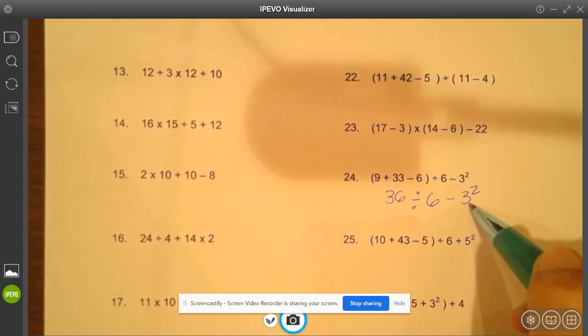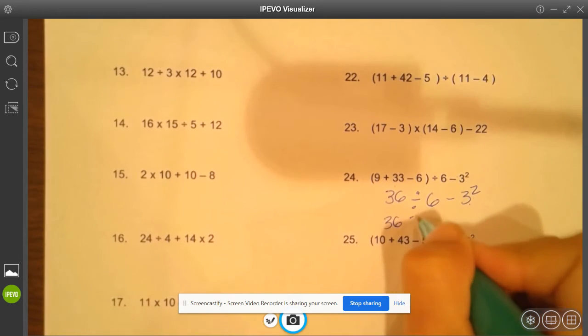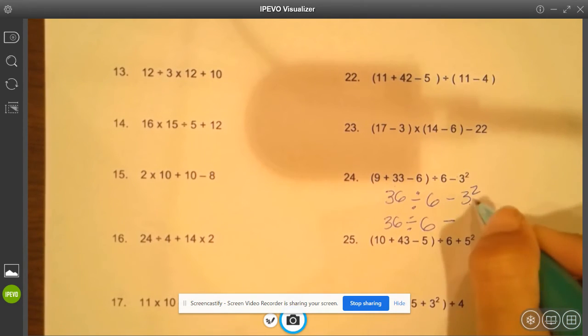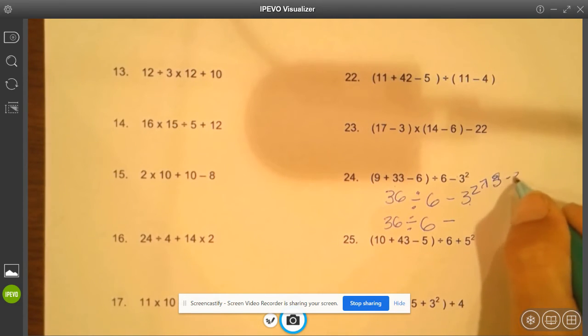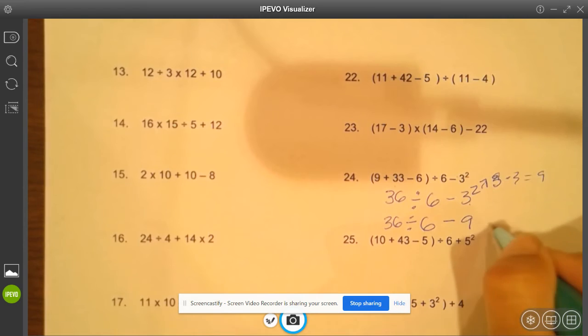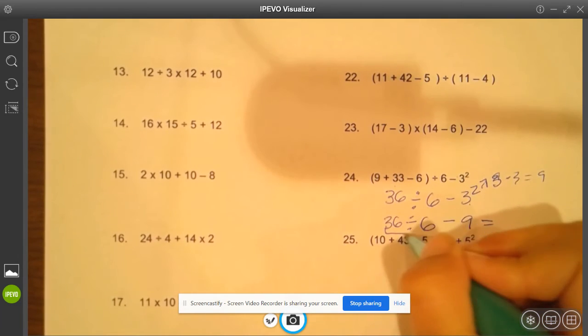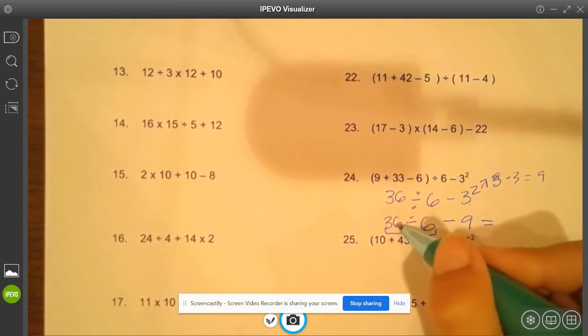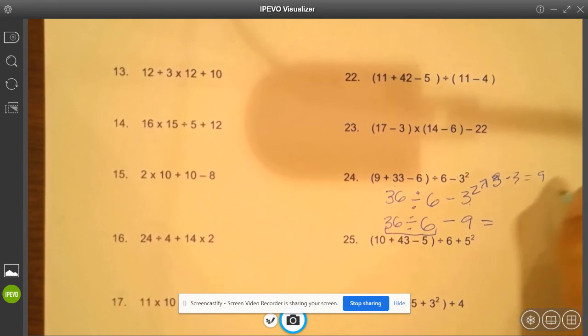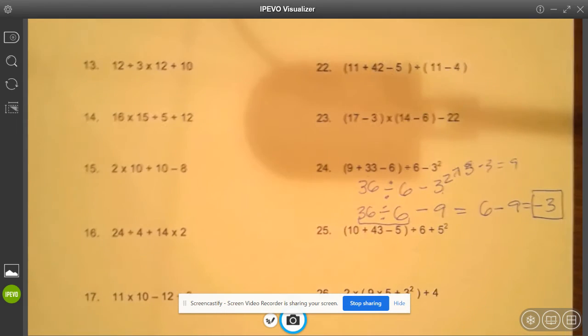So we got to do this exponent first. So that's 36. I'm rewriting it. Minus 3 times 3. Remember, this is 3 times 3, which is 9. So 9. The next thing I'm going to do is divide, right? From left to right, I'm dividing, and then I'm going to subtract. So 36 divided by 6, that's 6 minus 9, and then that's negative 3. This is your answer, okay?